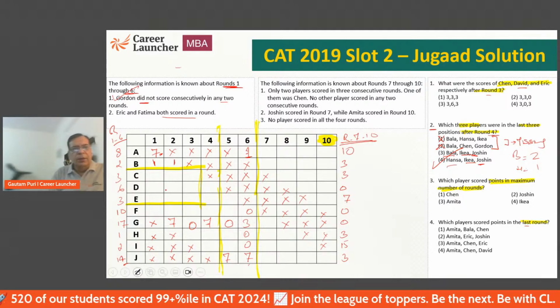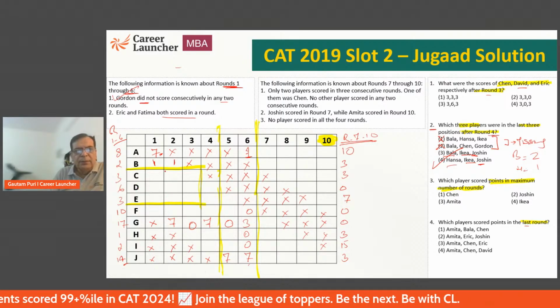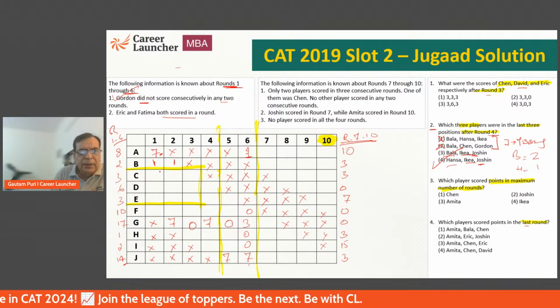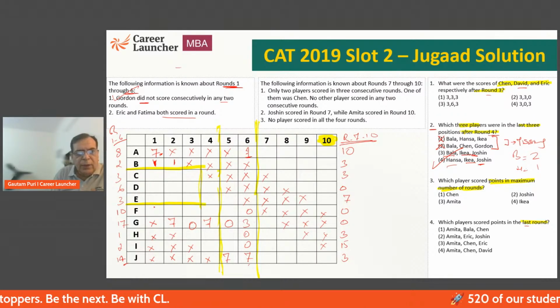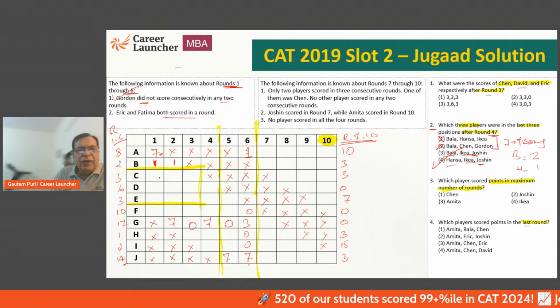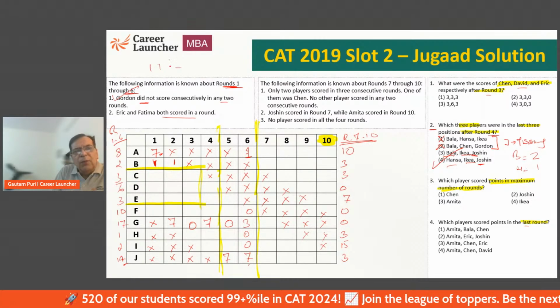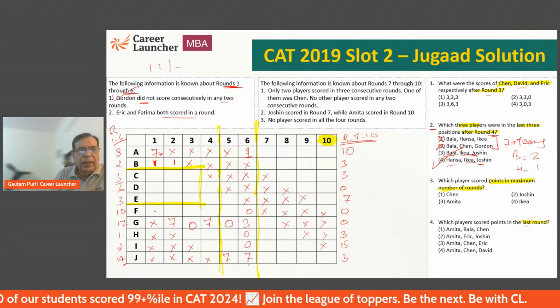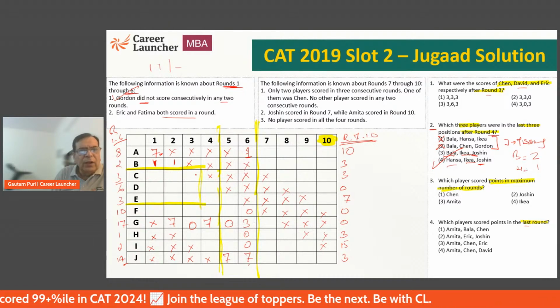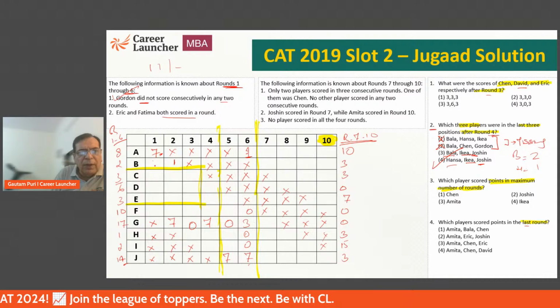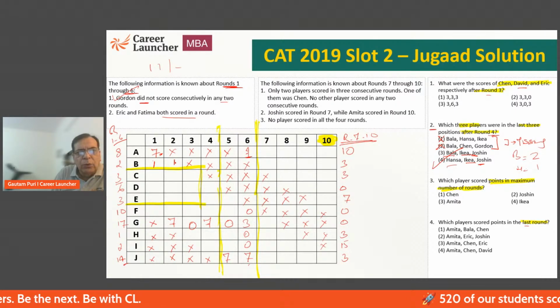My interest is C, D, E. Now, what does it mean? Please look at any of this C, D, E. Can C get 1, 1, 1? C has got 3. Can C get 1, 1, 1? No. C has to get 3 in one of them. Why can C not get 1, 1, 1? Because B has got 1 point in round 1 and round 2 each.